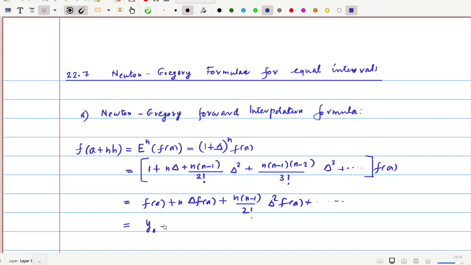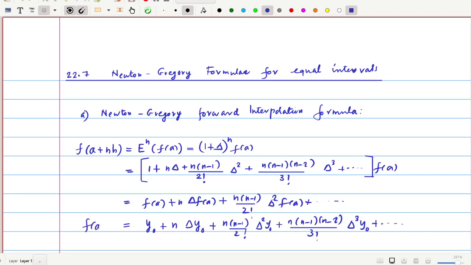This is y naught plus n times delta y naught plus n into n minus 1 by 2 factorial times delta square y naught plus etc. The third term will be n times n minus 1 times n minus 2 divided by 3 factorial times delta cube y naught plus etc. So this is what we call the Newton-Gregory forward interpolation formula.